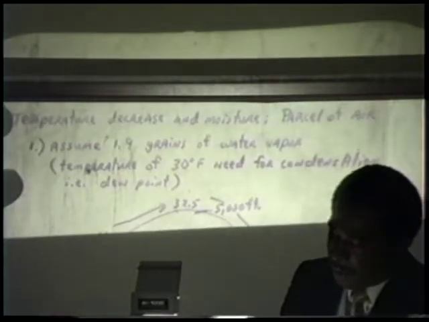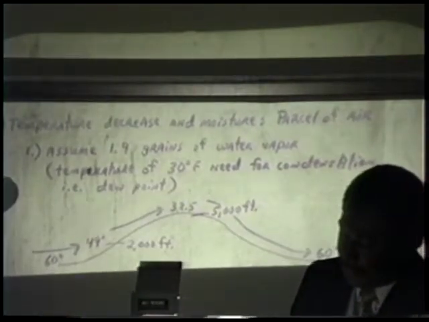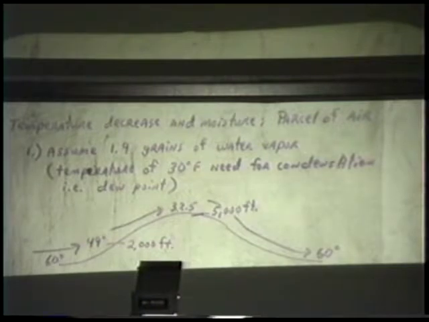Okay, and so let's look at what happens. Again, you have the situation by which air movement is created as a result of differential pressure, for example. Air moving from high pressure to low pressure, it meets an obstacle such as a mountain, and it flows over the mountain. It cools off at the dry adiabatic rate, 5.5 degrees Fahrenheit per 1,000 feet.